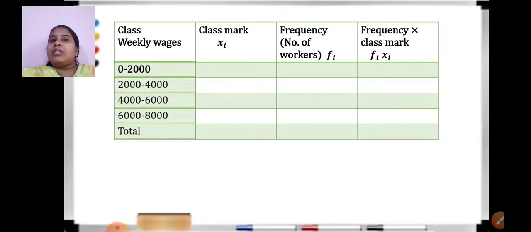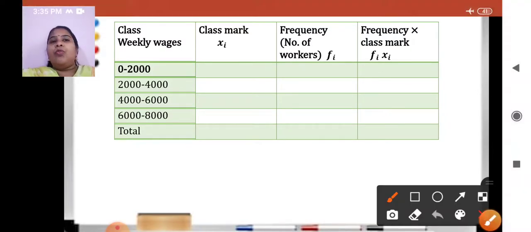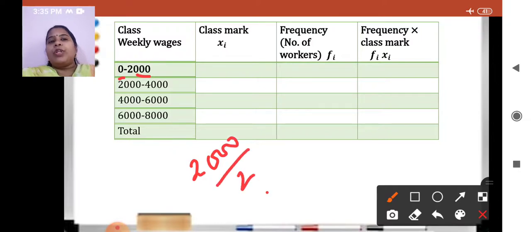First are the classes given to us: 0 to 2000, 2000 to 4000, 4000 to 6000 and 6000 to 8000. Now what we want is the class mark. How do we find this? Lower limit plus upper limit upon 2. So 0 plus 2000 is 2000, upon 2 comes to 1000. So the class mark of the first class is 1000.